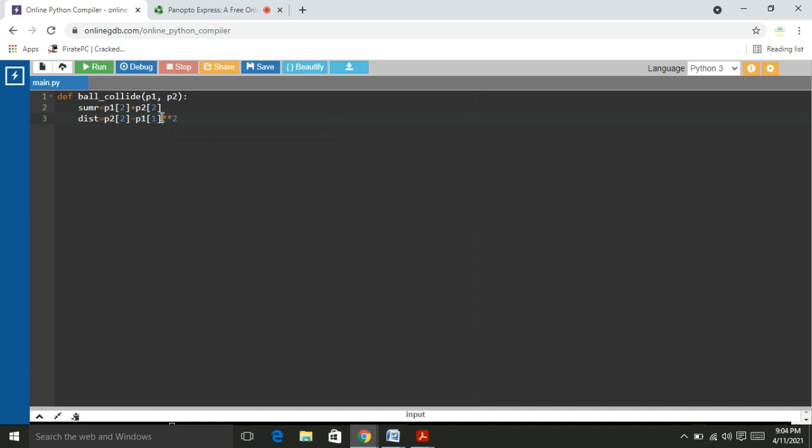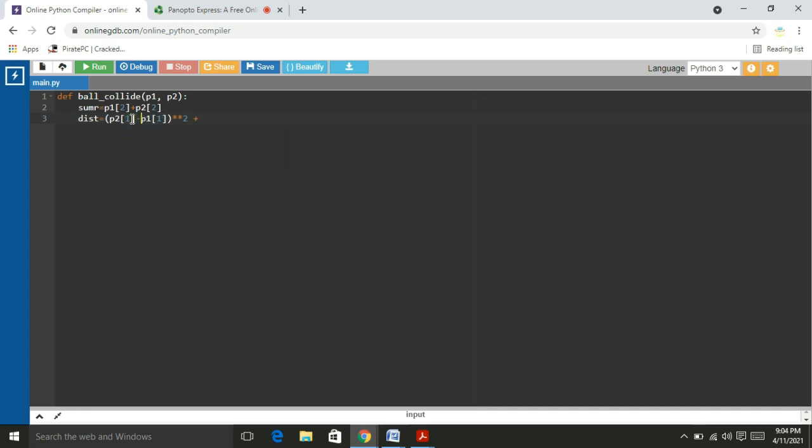Suppose we keep one more bracket, and then plus x2 minus x1 whole square. X2 means, sorry, this is 1, not the 0, p2 of 1.